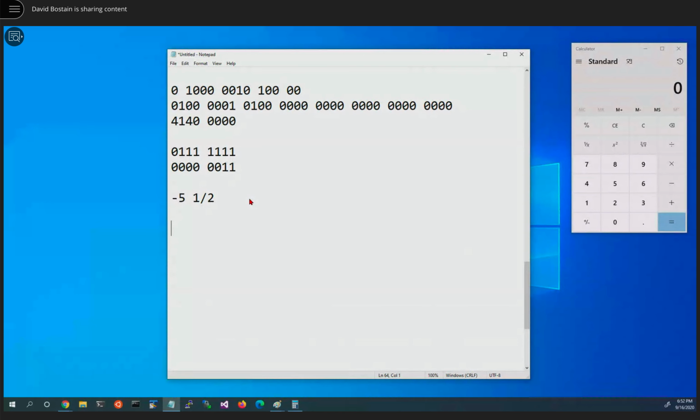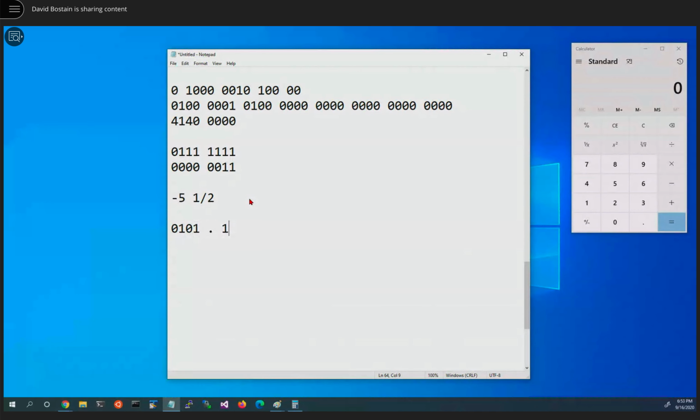Okay, well, let's work this together. If you haven't submitted an answer yet, you may be stuck. Let's write down 5.5. 5, we'll write out the full nibble. Looks like that, right? A 4 and a 1. 1/2, so point, is the first digit.